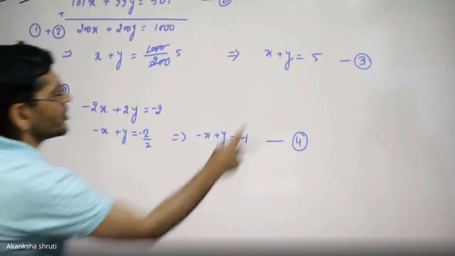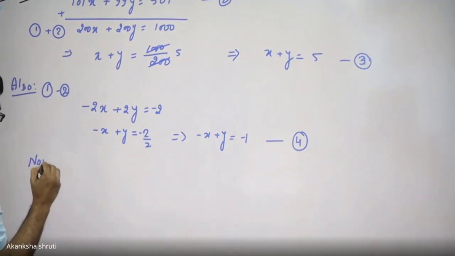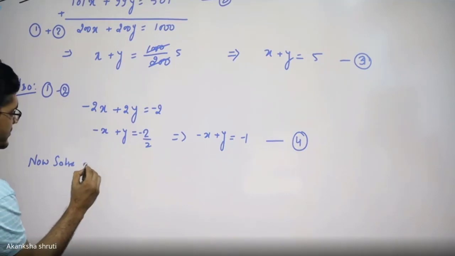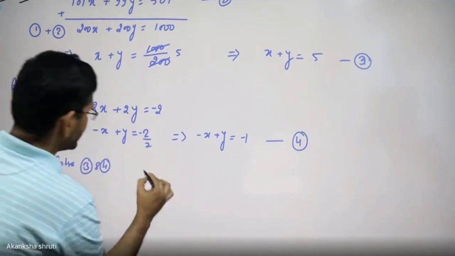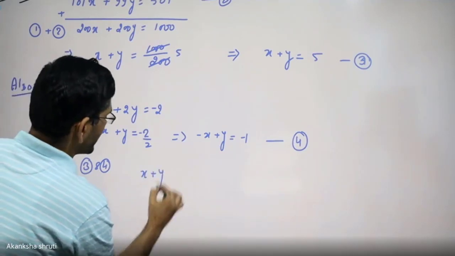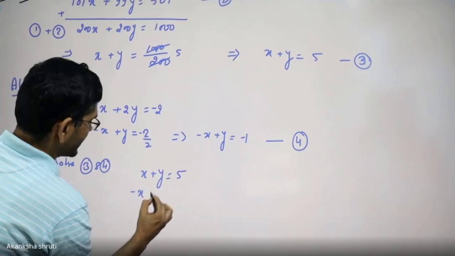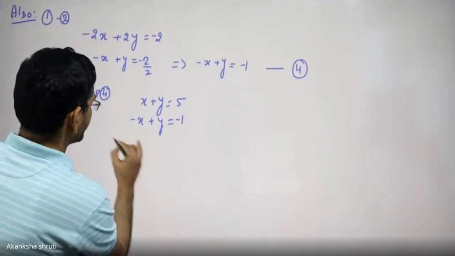So we shall go for solving this. Now we have to solve 3 and 4. So solving this, we have x plus y is equals to 5 and minus x plus y is equals to minus 1.